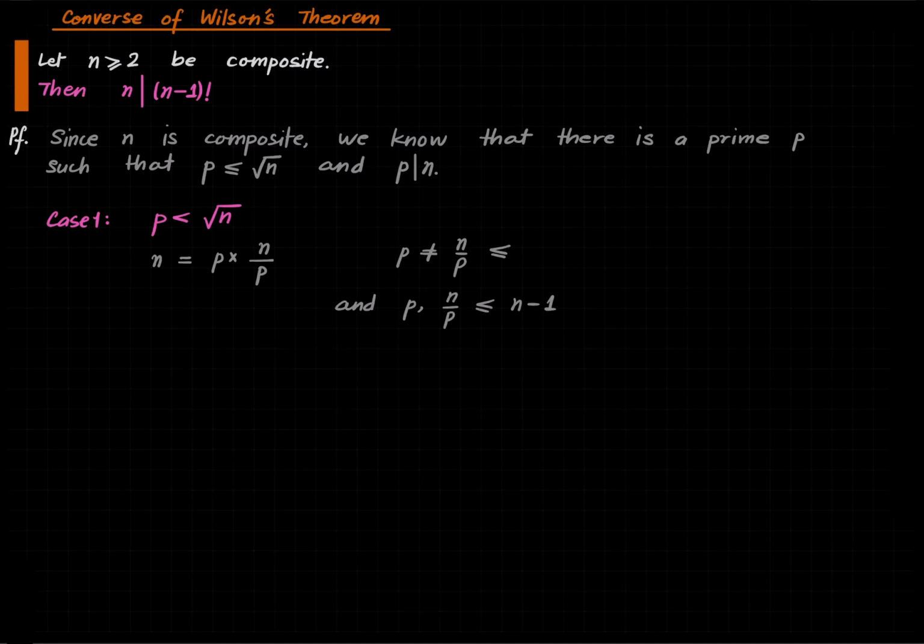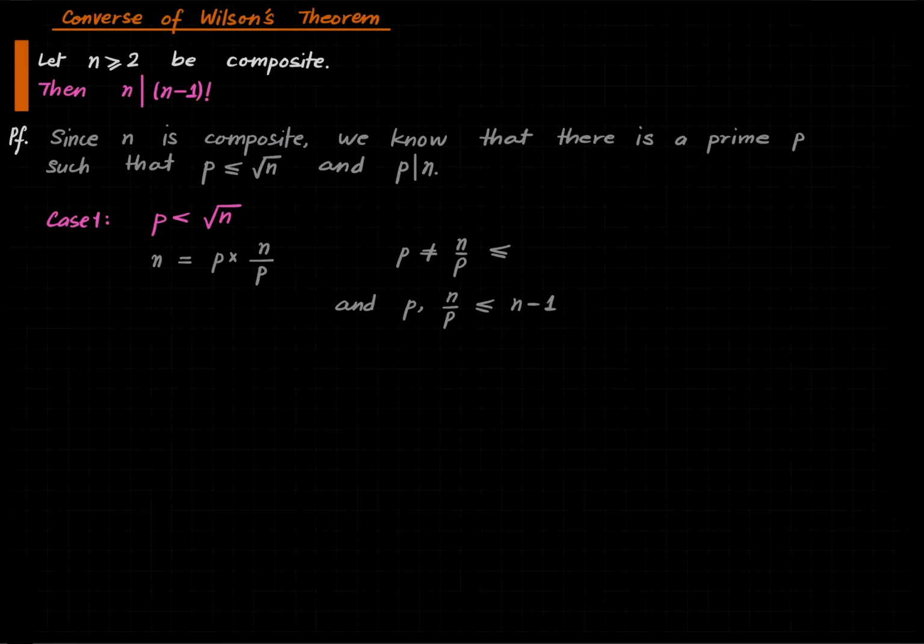Now I might run into some trouble if n is too small. So let's see, if n is 4, is it fine? If n is 4, then I cannot even land in this case. So it's fine, I think. What about n equal to 6? If n is 6, then yeah, I think this is fine.